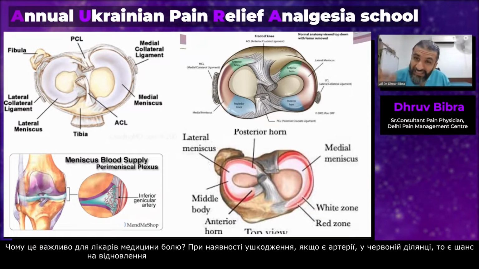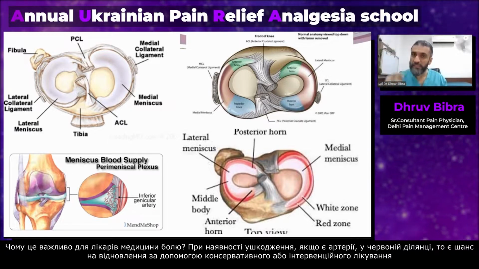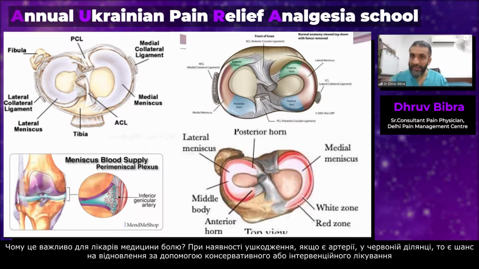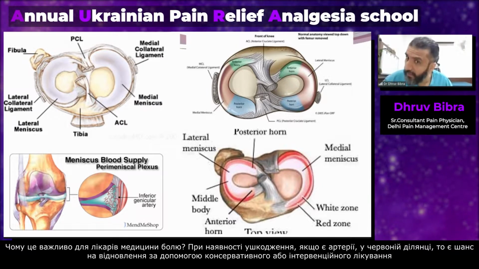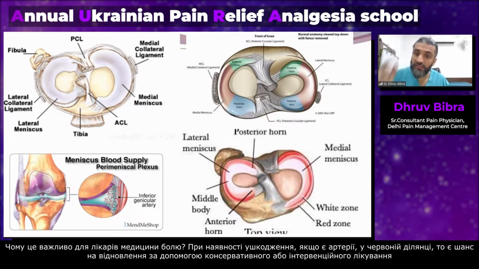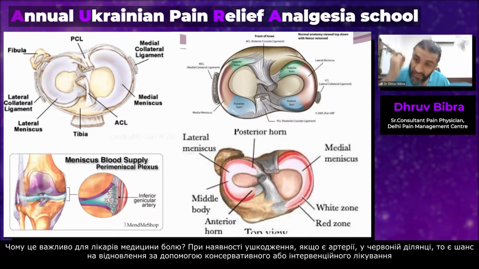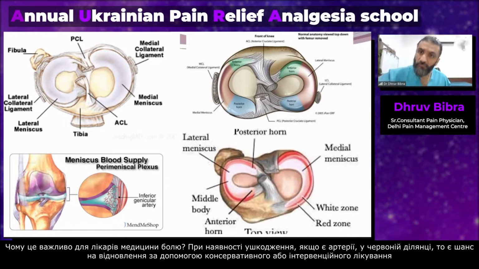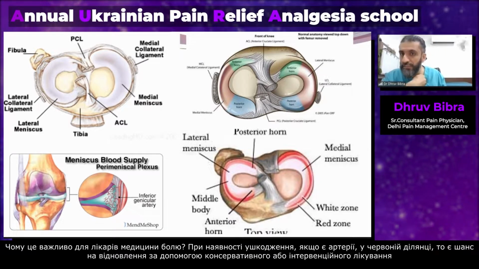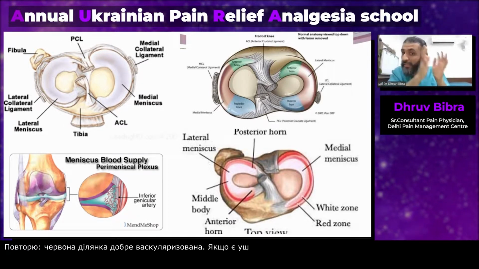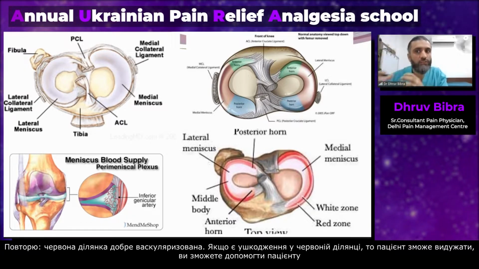Now, why is it important for us pain physicians? See, the thing is, if there is an injury, if there is a tear in the red zone, there is a possibility that it will recover either by conservative management or by our interventional management. I repeat, the red zone is a good vascular zone.